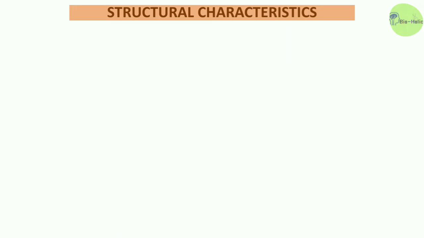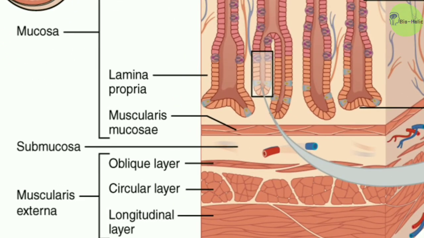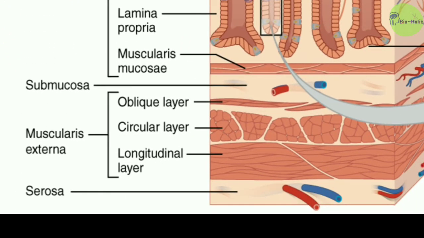Now the structural characteristics or histological features. Stomach has mainly 4 layers: the mucosa, which has the surface epithelium, lamina propria and muscularis mucosa; the second one is the submucosa, the third one is the muscular externa, and the fourth one is the serosa.